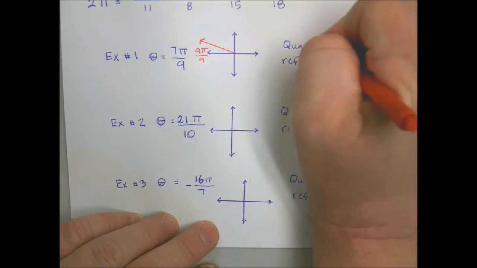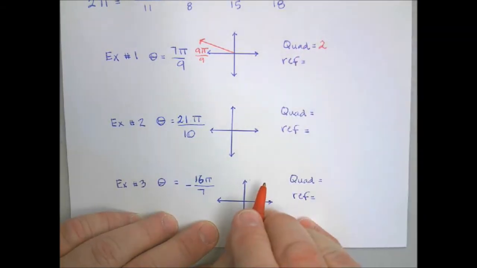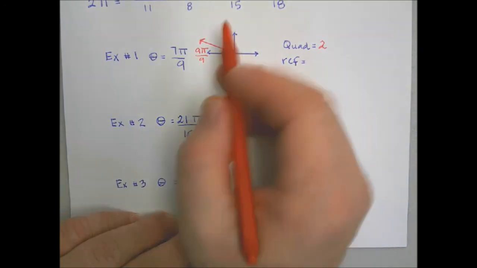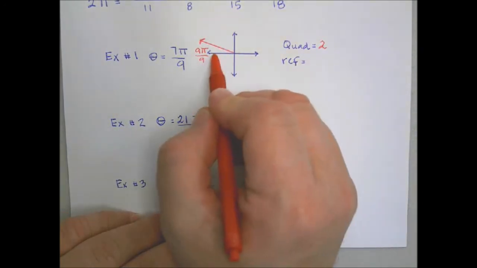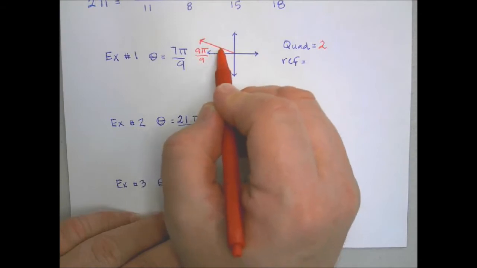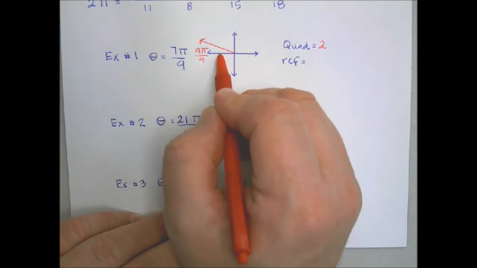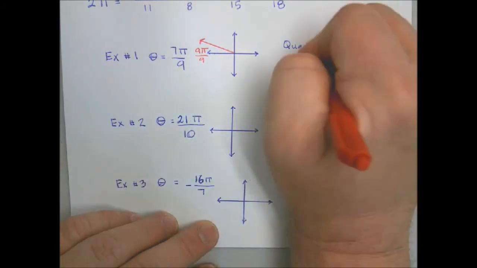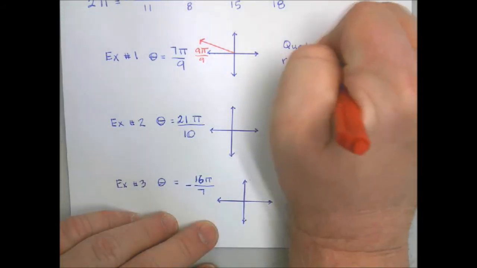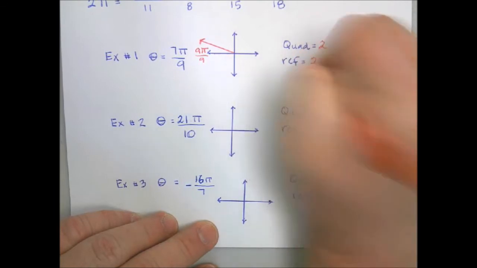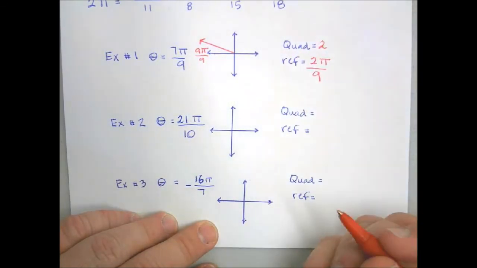But what would the reference angle be? Well, we'd be at 9 pi over 9 right here, but we didn't make it. How far did we fall short? We fell short by 2 pi over 9. Now, mathematically, how do we get that?